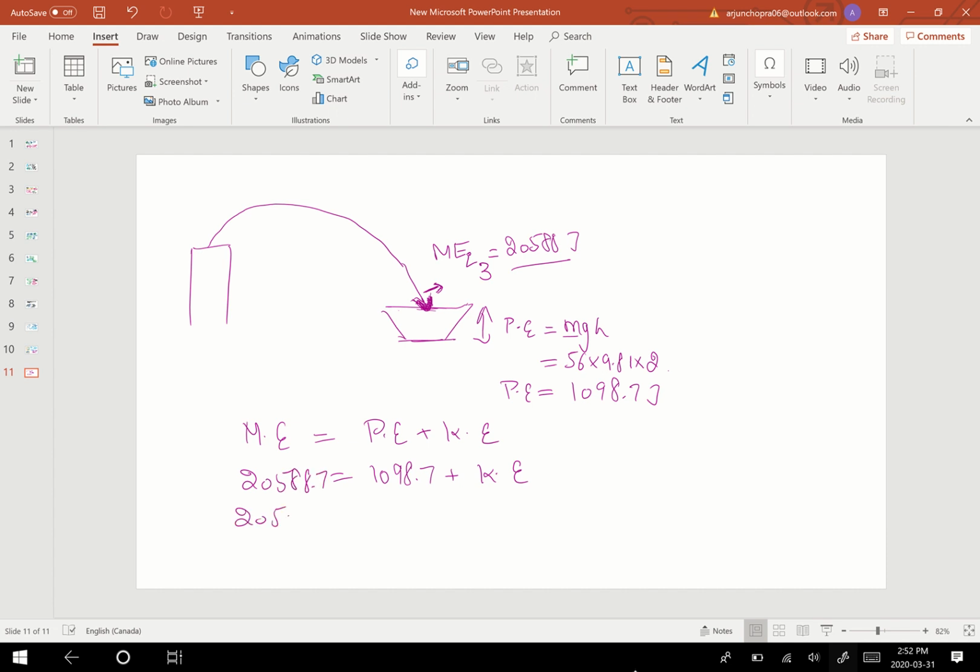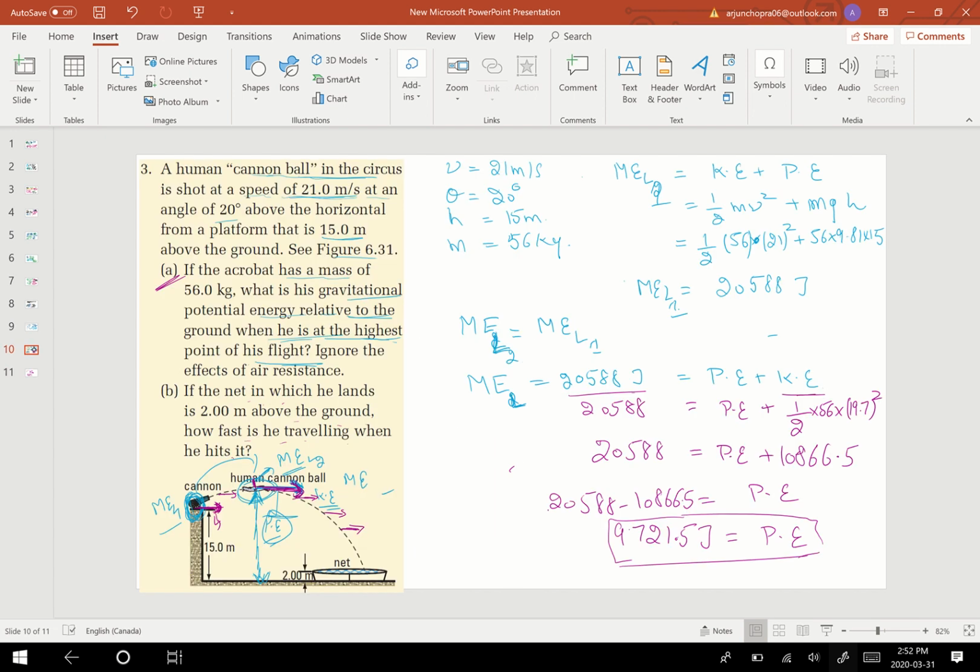So 20588.7 minus 1098.7 equals the kinetic energy, and 20588.7 minus answer, that's gonna give me 19489.98 joules of kinetic energy. So that's the value of the kinetic energy.